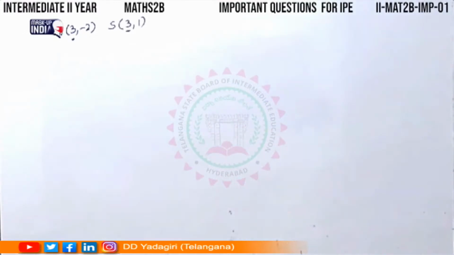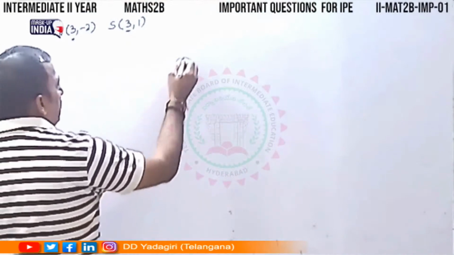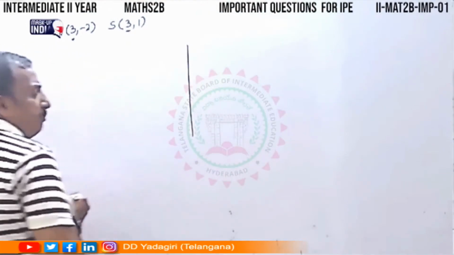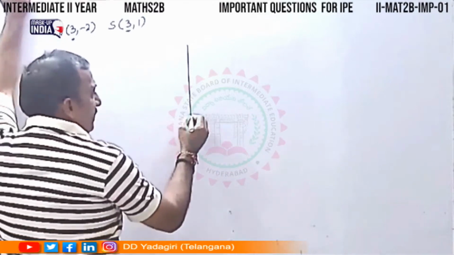Since the x coordinates of vertex and focus are equal, the axis of the parabola is parallel to the y-axis.